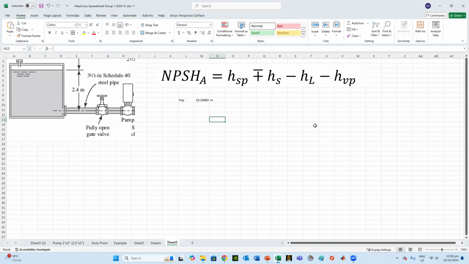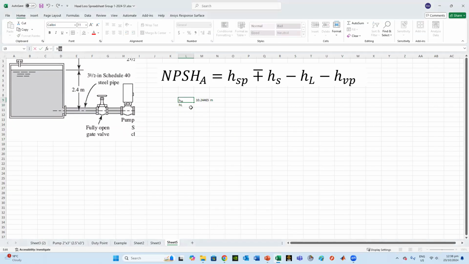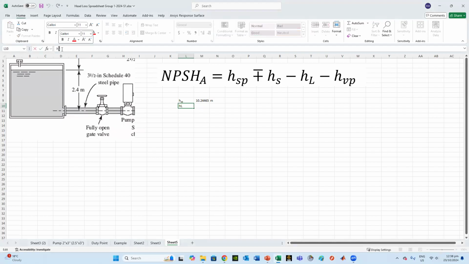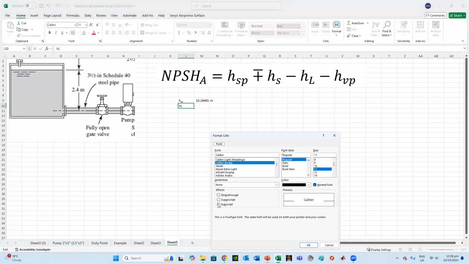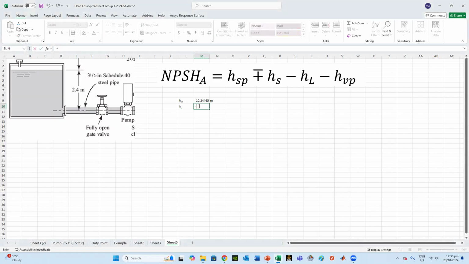Now I'll put the equation next to it. I'll show that in a few seconds in the video. I'll show you the equations going through it. So that is HSP. HL is the losses. By the way, I always prefer to use the following subscript, and this one as well, to organize it nicely. HL is the losses, calculated for the suction line, which we could get.